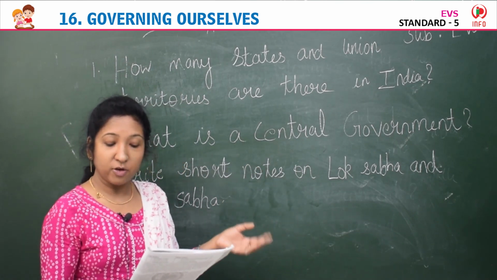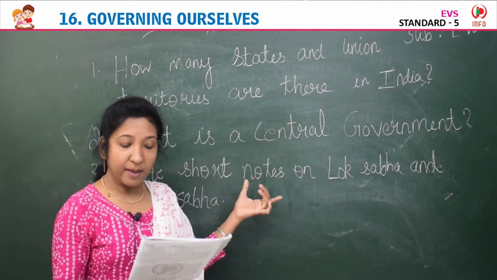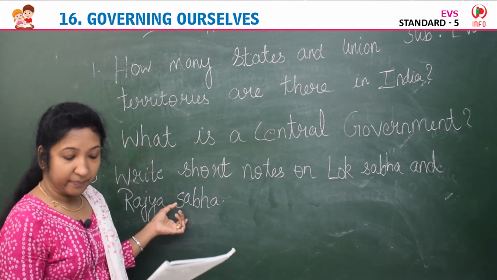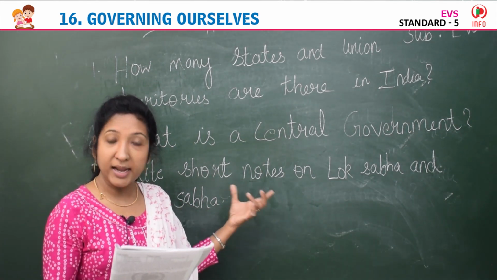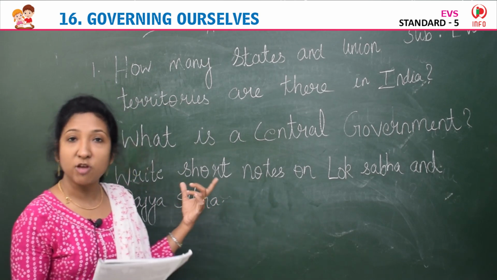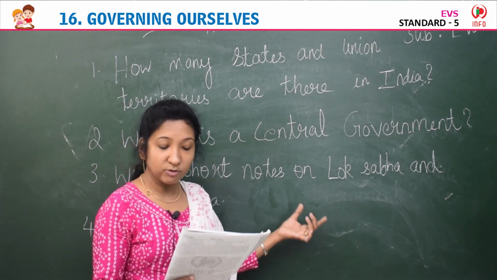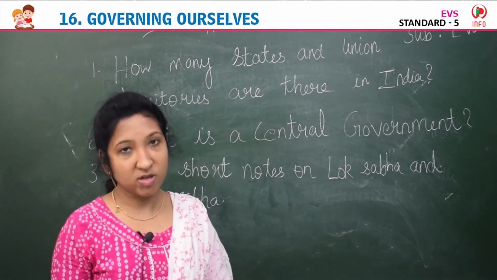The term for the speaker in Lok Sabha is 5 years and the entire house can be dissolved by the president. Next, coming to Rajya Sabha: its strength is 250 members who are elected indirectly and over the age of 30 years. 1/3 of the members retire once in 2 years and are replaced again by fresh elections.